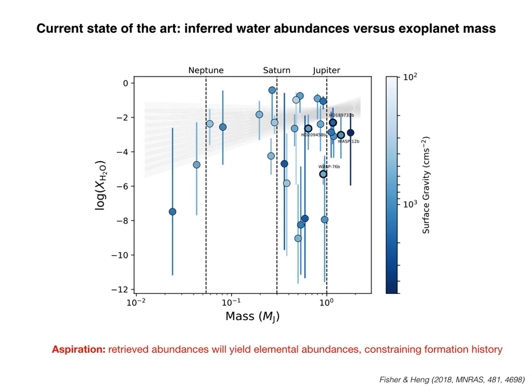And this is an aspiration of the exoplanet atmospheres community. Our hope is that not only will the data get good enough with James Webb, but we will understand these issues like the normalization degeneracy and atmospheric chemistry well enough that we can drastically reduce the uncertainties on these inferred water abundances, and that when one plots these against some property of the exoplanet or the star, there will be trends that tell us something about the formation history of these exoplanets.